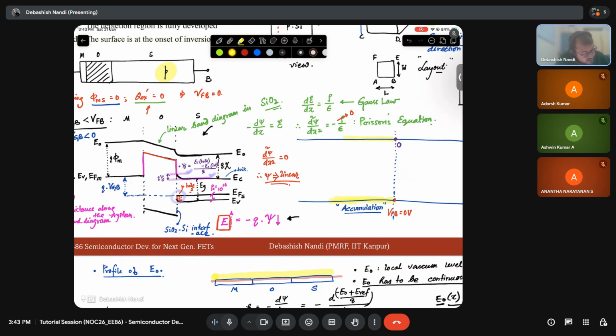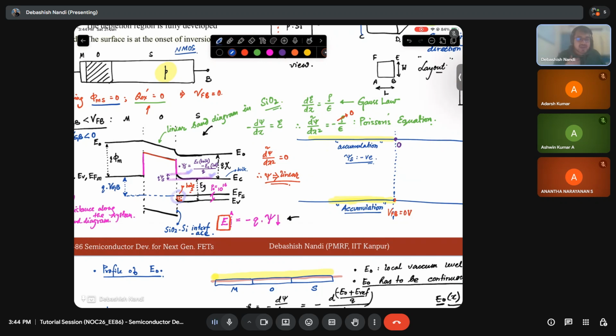So in this region, which we call accumulation, my surface potential is negative. Mind you, we are talking about NMOS only, where we have P substrate. Fine.